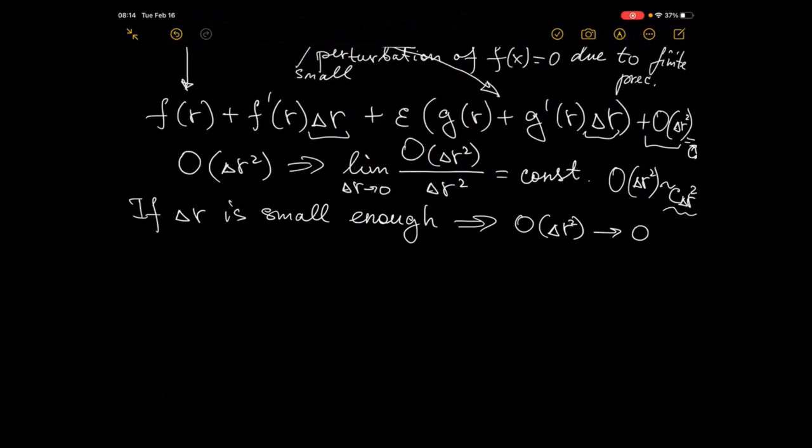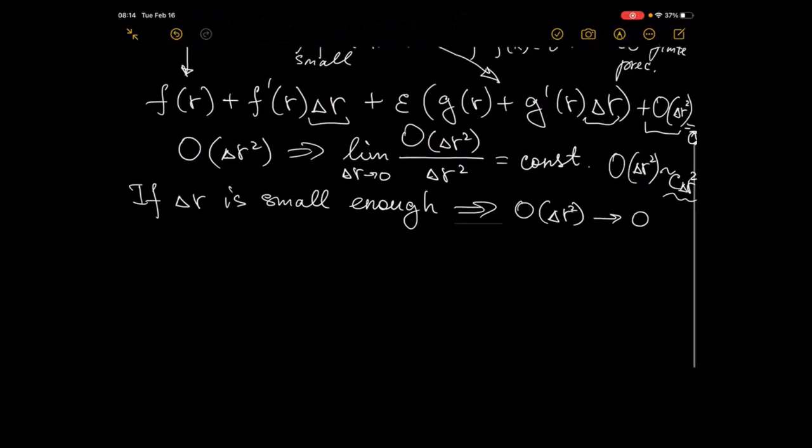So let us just consider the case when we are close enough to the root so that this term is negligible. You see, these terms are proportional to delta R, and this term is proportional to delta R squared, so it vanishes faster than these terms, right? Okay, so it means that I can write the following approximate equality.